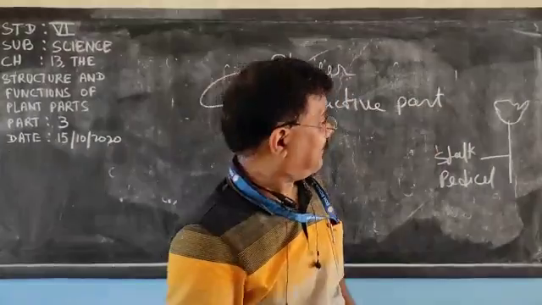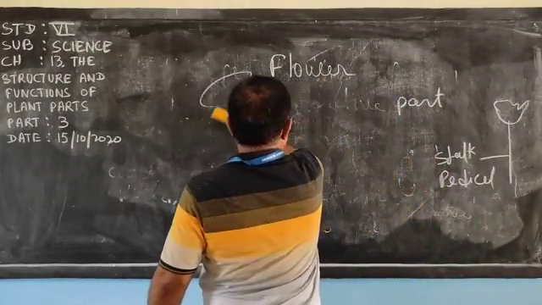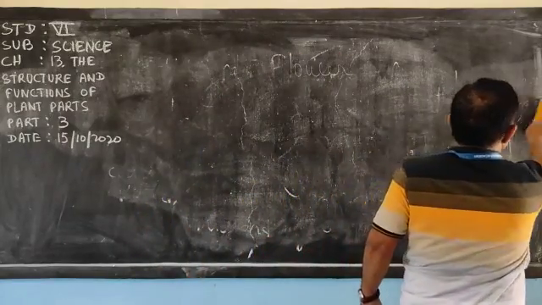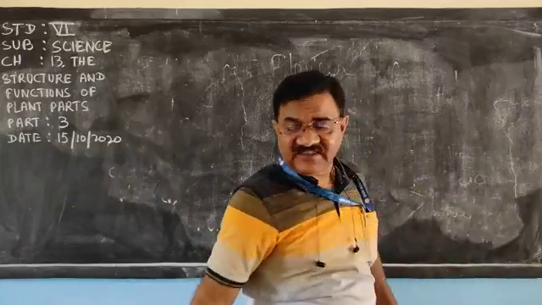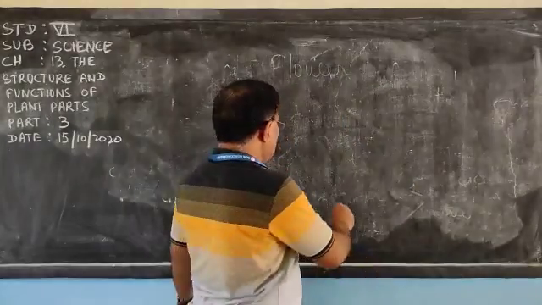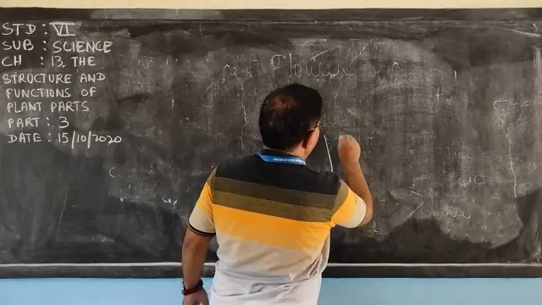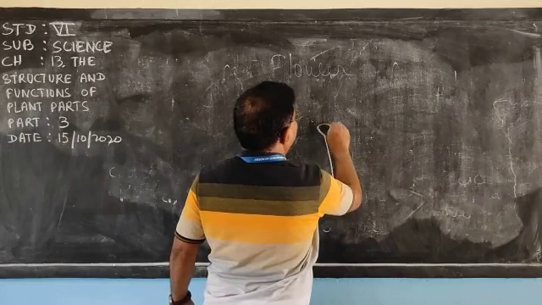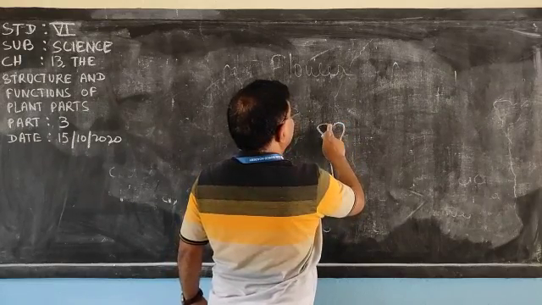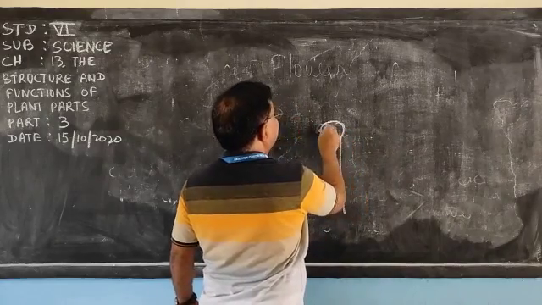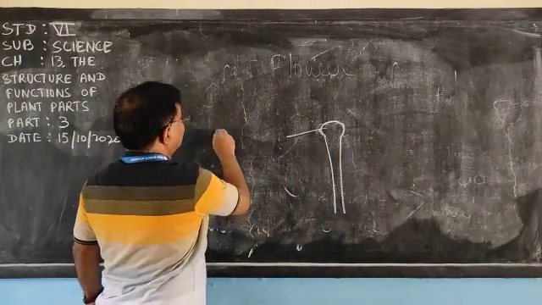So in a flower, a pedicel may be there. It is not necessary that all flowers have a pedicel. Pedicel means the stalk of the flower. And the upper part of the pedicel may be swollen, cup shaped, and this is called a thalamus.